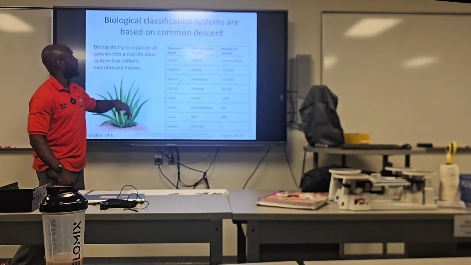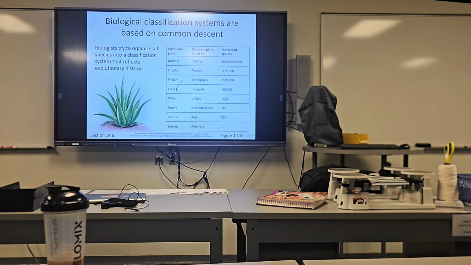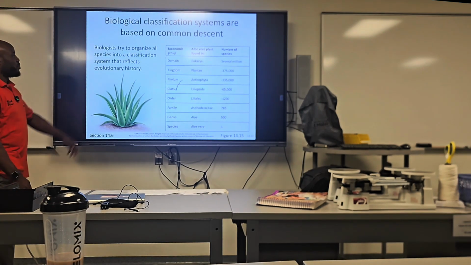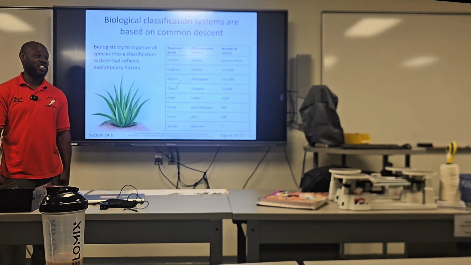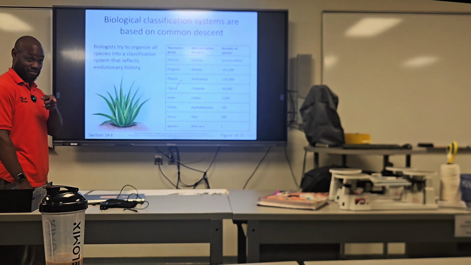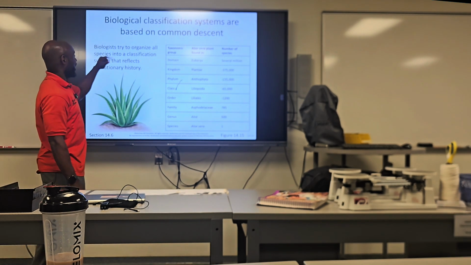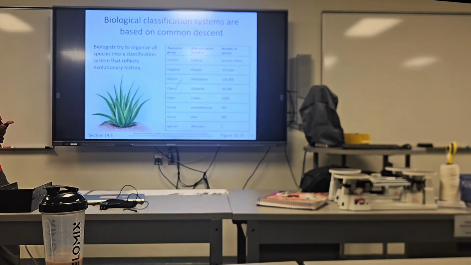All right. And then we have this biological classification system based on common descent. Biologists, you all are biologists because you're studying biology. What is biology the study of? Life. Wonderful. Biologists try to organize all species into classification systems that reflect evolutionary history.